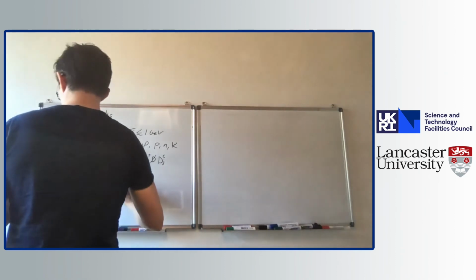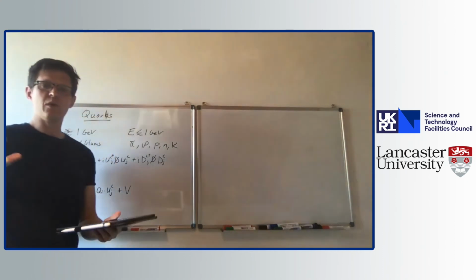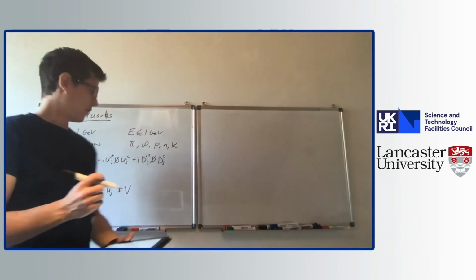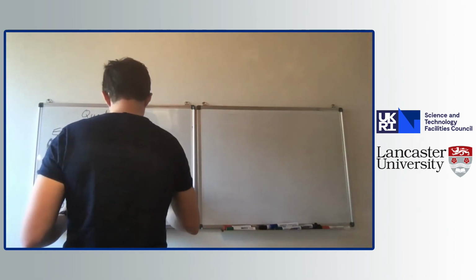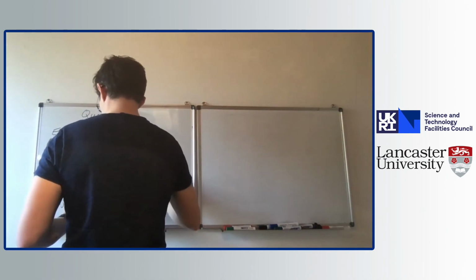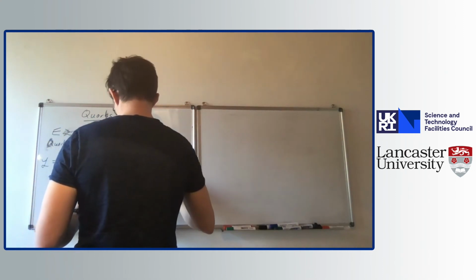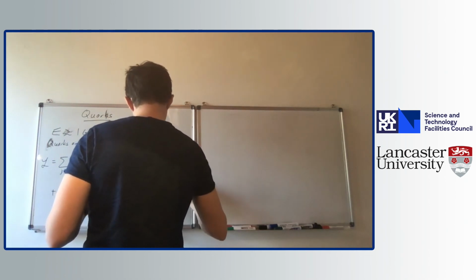U^c_j, plus, if you recall, we tried to do a diagonalization of all of the Yukawa matrices before, and because we have the same Q entering here, I'll finish this up, lambda_ij D, I'll discuss this a bit more accurately in a second. Q_j, D^c_j.